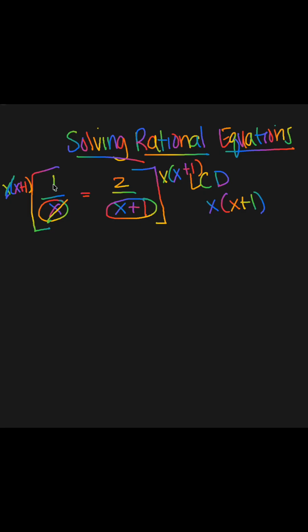And so now we just have 1 times x plus 1, which leaves us x plus 1, because 1 times anything is just itself. Then we have the x plus 1 in the denominator and x plus 1 in the numerator, so they simplify to 1. And then we have 2 times x, which is just 2x.